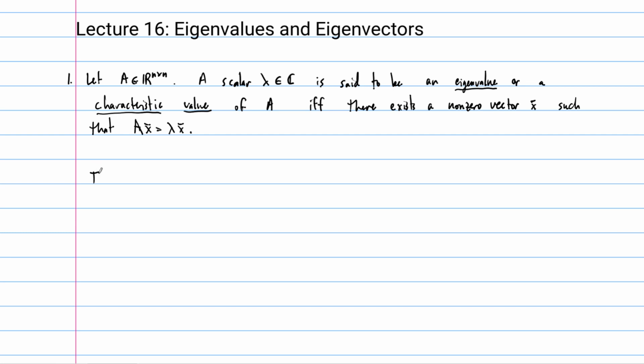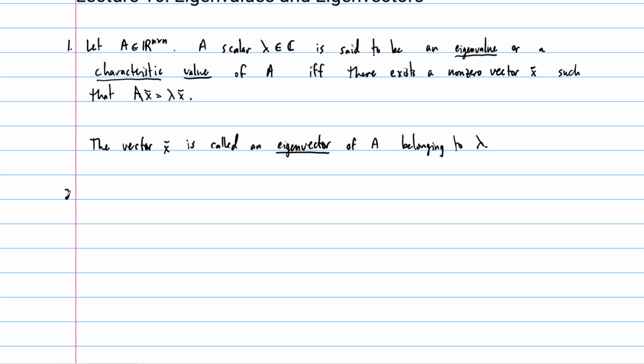The vector itself in this scenario, the vector x, is called an eigenvector of A belonging to lambda. All right, so let's see how this works with a few examples.